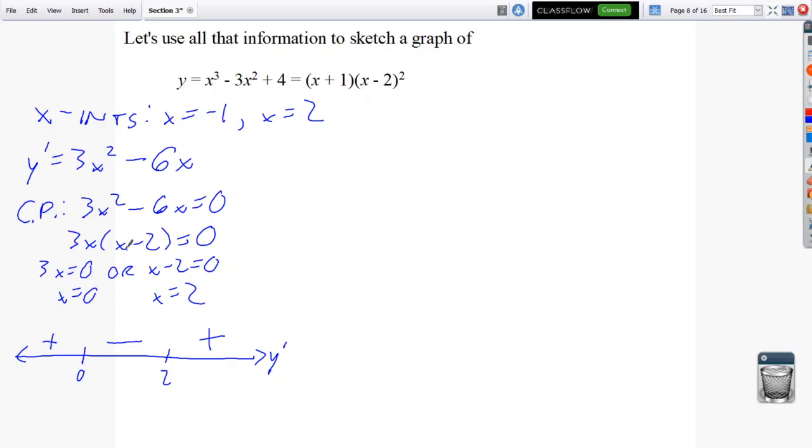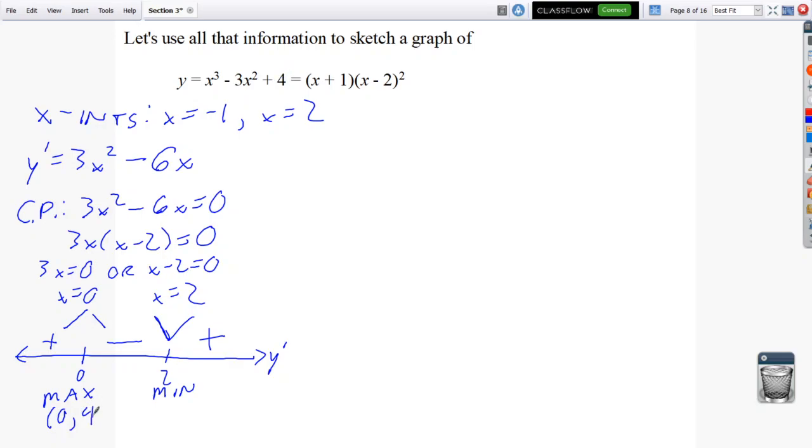So now I can actually see coming in from the left at 0, I have an increase. To the right of 0, I have a decrease. From the left of 2, I have a decrease. Right of 2, I have an increase. So it looks like I have a max at 0 and a min at 2. At 0, my y value, if I plug in 0, I've got 0 minus 0 plus 4.